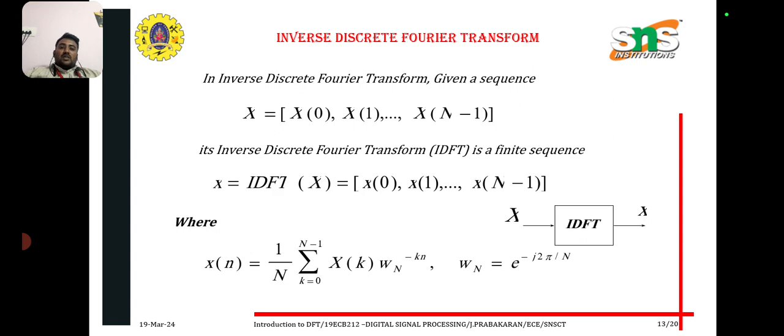Small x of n equals 1 divided by capital N, the number of samples, summation k equals 0 to N minus 1 of capital X of k, which is frequency domain, times W N to the power minus nk. This is the formula to find the time domain sequence from the frequency domain by using IDFT. Using DFT we can convert the time domain to the frequency domain.